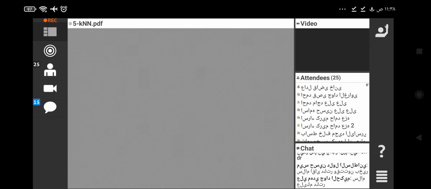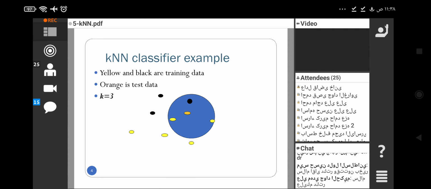In this figure you can see an example of the KNN. You see that we have two classes. Some of the data are black and some of the data are yellow. So we have two classes. And then this data is the test data, and k is equal to 3.